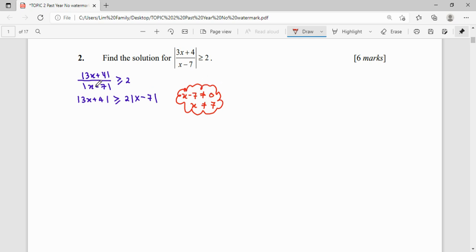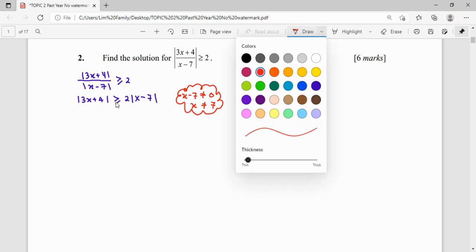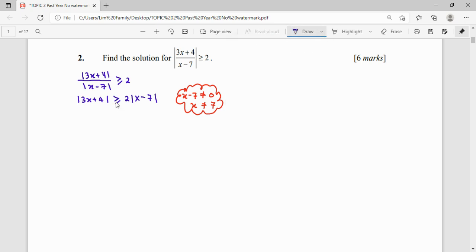After we move the modulus x minus 7 to the right hand side, we can see this question actually is both side modulus in inequalities. So we can do it by squaring both sides. Modulus means square root and square.